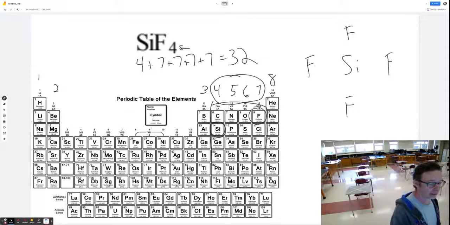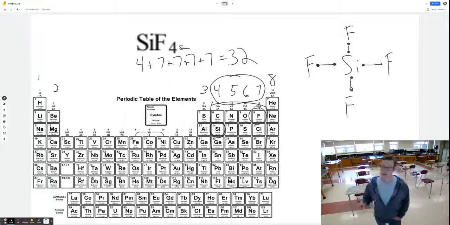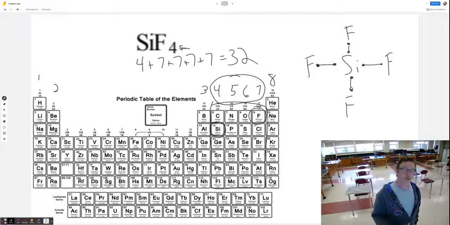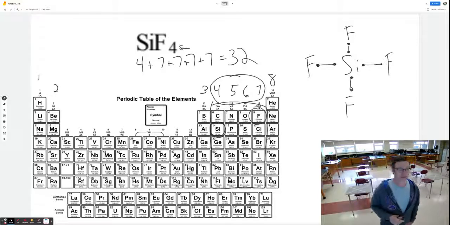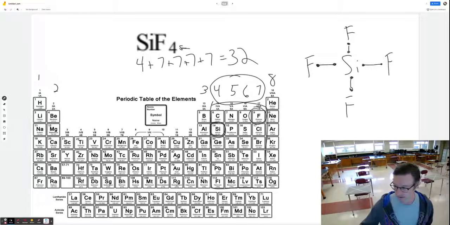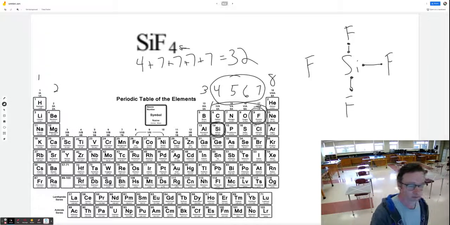Now, start by placing a bond between the center atom and each of the outside atoms. Again, this is where it's a little different from the NASL method. We're going to start just making bonds. That used up 8 of my electrons because it takes 2 to make a bond. And you'll even see some examples of Lewis structures where they don't even draw the lines.